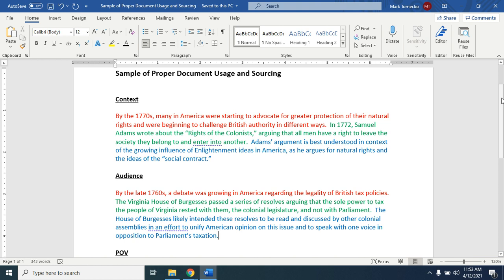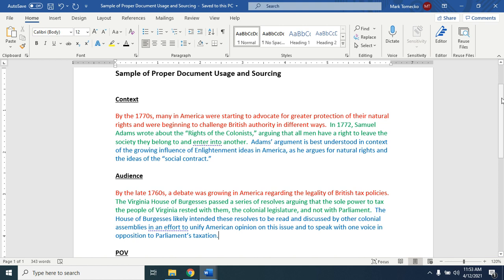So it is closer to maybe the analysis part, because it's building on whatever my thesis would have been for this essay. I'm not writing the whole essay here. I'm just trying to come up with examples of how to use the document, but you need that somewhere. The green part is the actual description of the document. It's just, here's what it says. Here's the main idea that I'm pulling out. And then finally, the blue part is the sourcing.